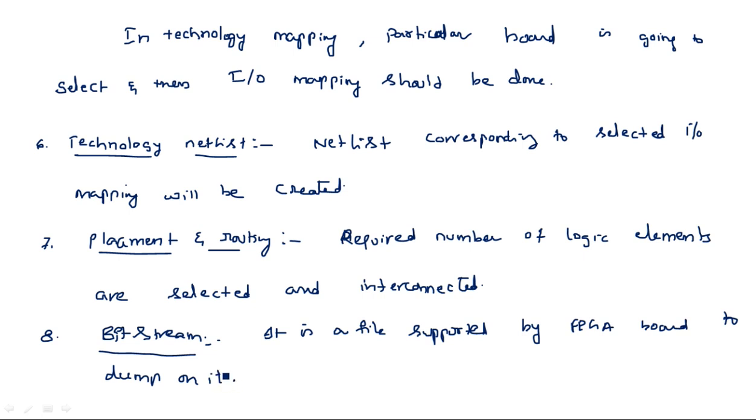It is the main important file supported by the FPGA board which you are going to dump on it. Whatever input outputs and mapping you have done, and the logic circuit you have written, everything will be written in the bit file. That bit stream file is saved with the extension dot bit.